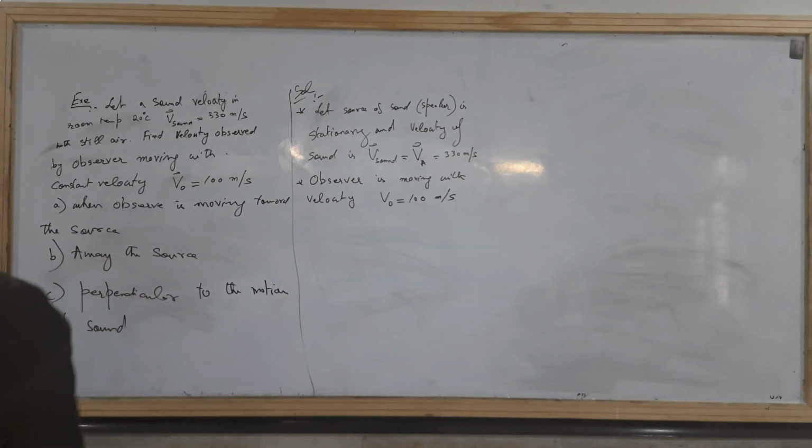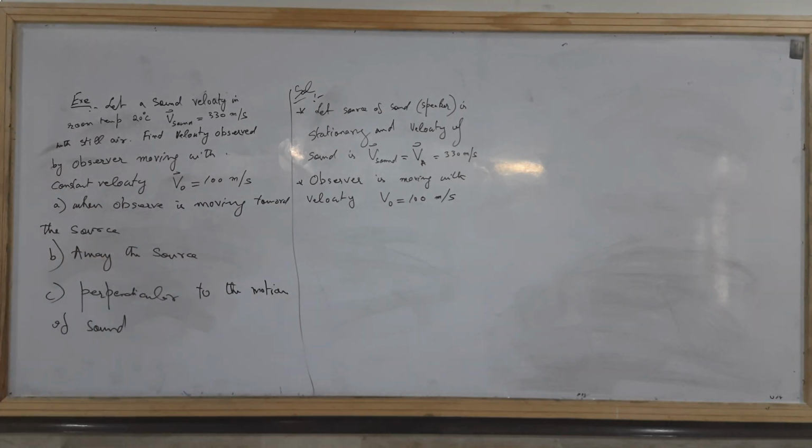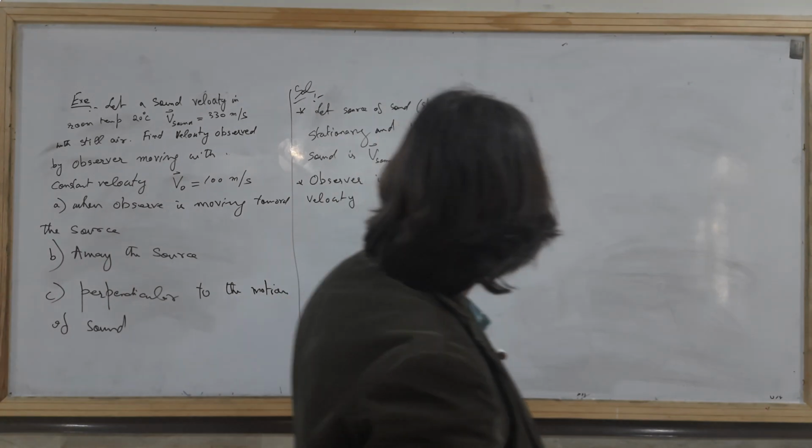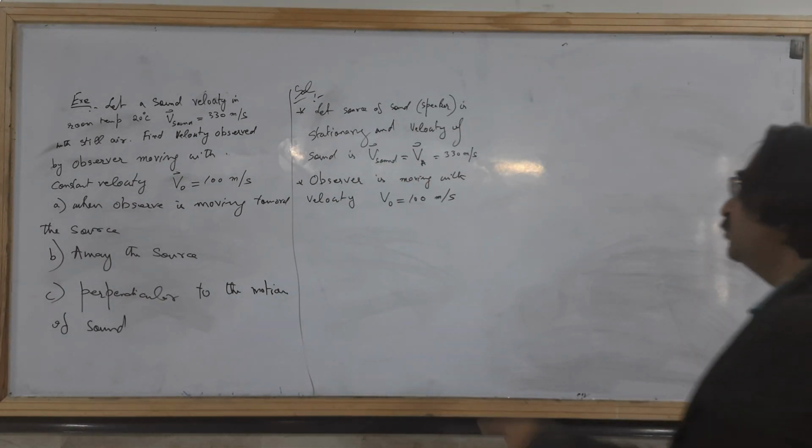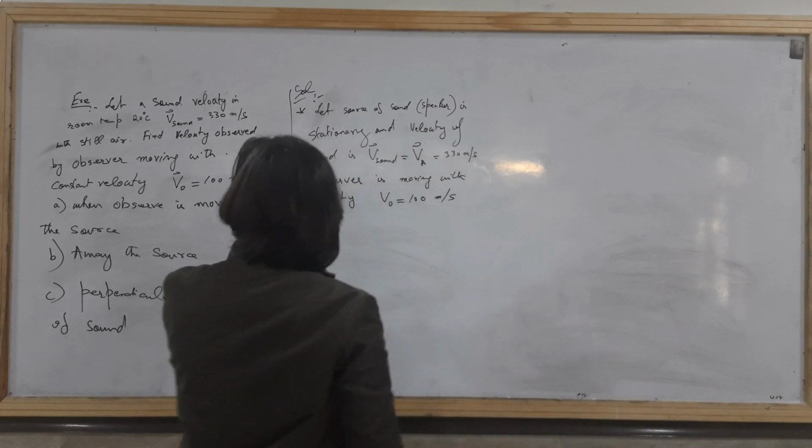This is the second observer, okay, and this is the velocity. Observer is moving with the velocity VO.